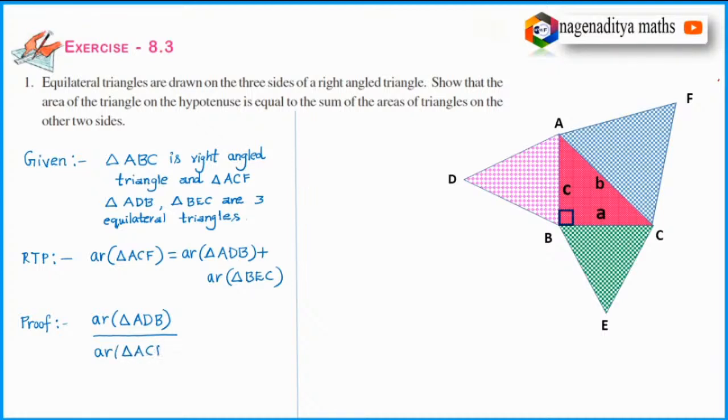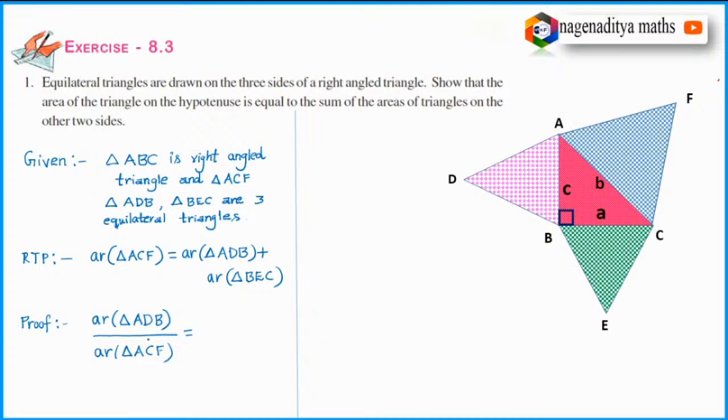So just take the ratio of the triangles ADB and ACF. Ratio of two similar triangles. We know that the equilateral triangles are always similar. So that is clear. Every time, whenever you take two equilateral triangles, they are always similar. So that is why these two triangles are similar.